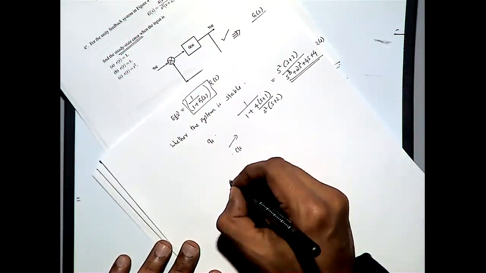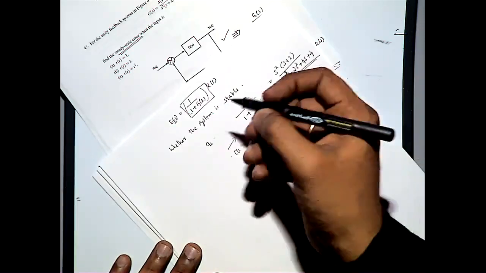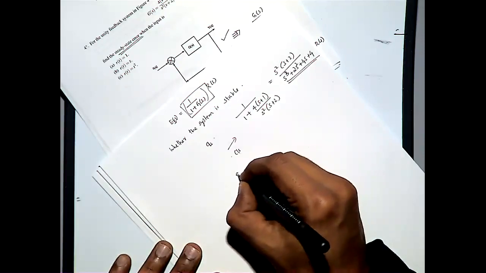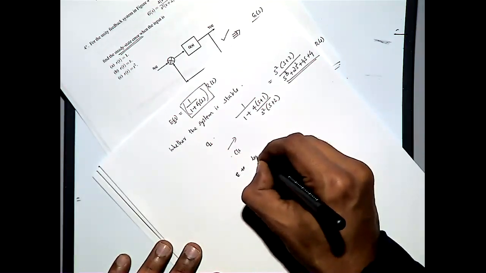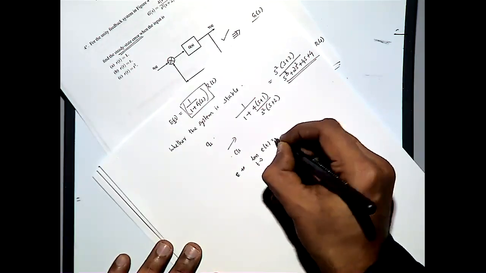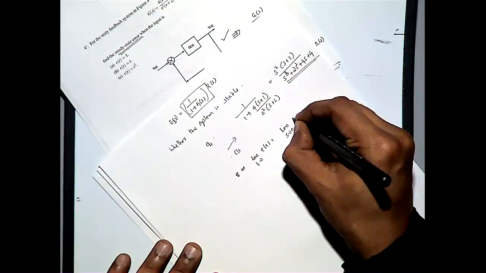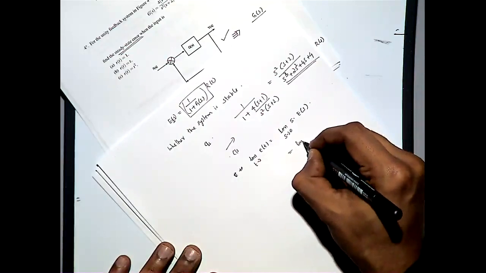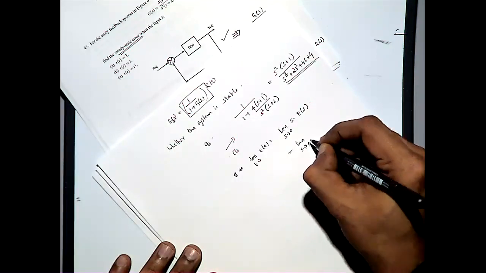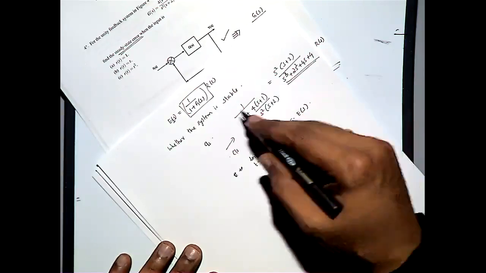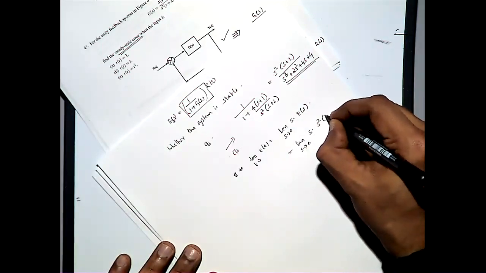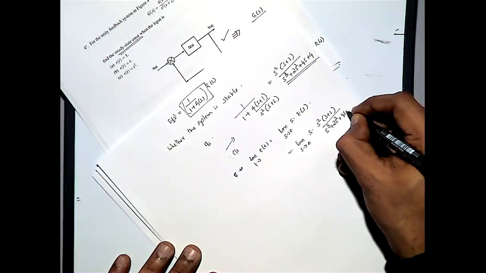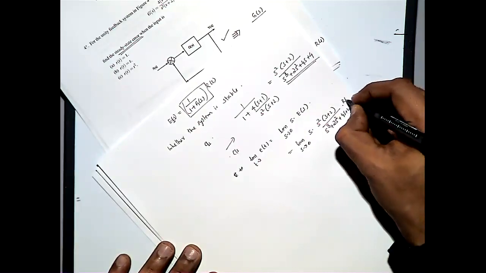Now what you need to find out is to apply the limiting case where limit t tends to infinity e of t equals limit s tends to 0 s times E of s, which is equal to limit s tends to 0 s times s square into s plus 2 divided by s cube plus 2s square plus 4s plus 4 times R of s.